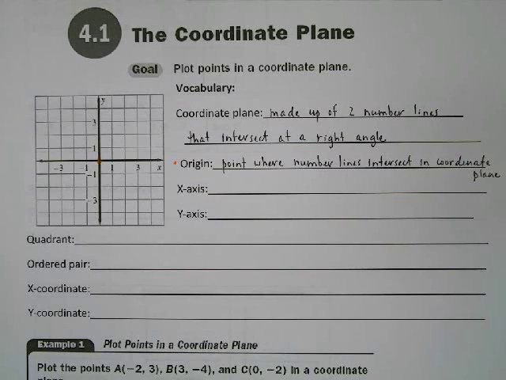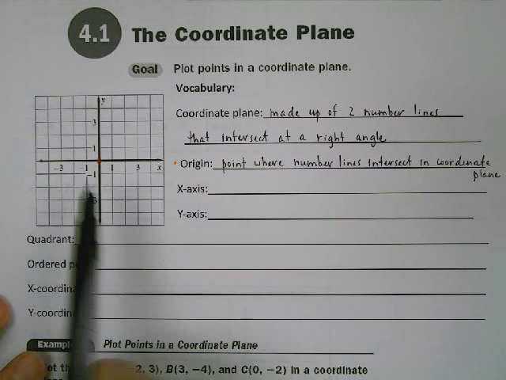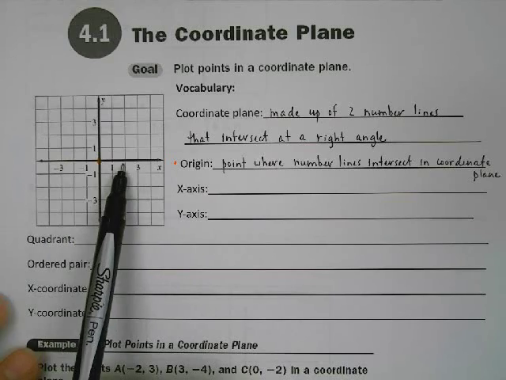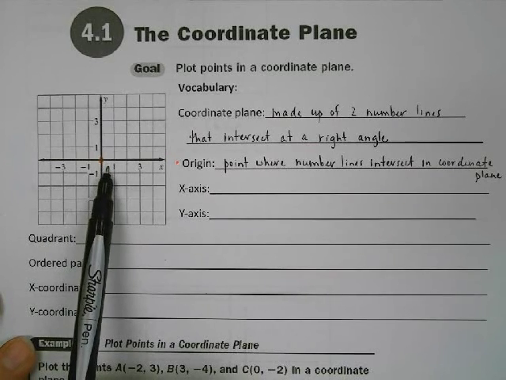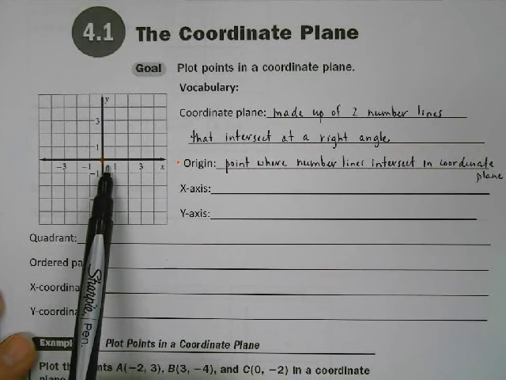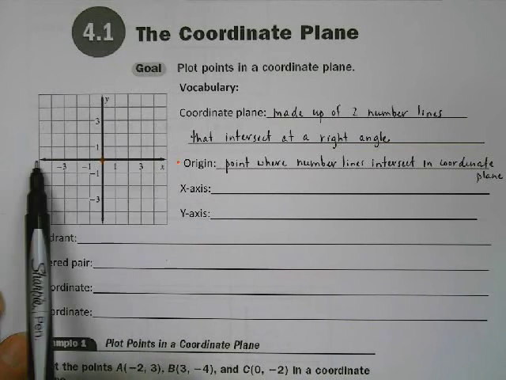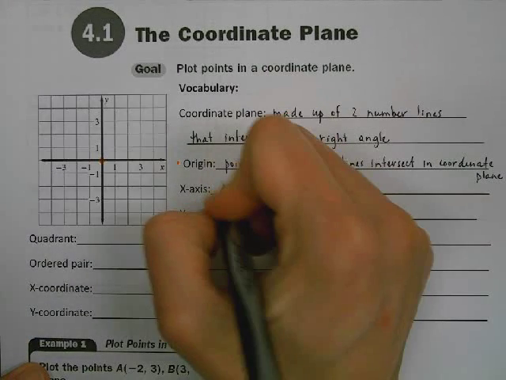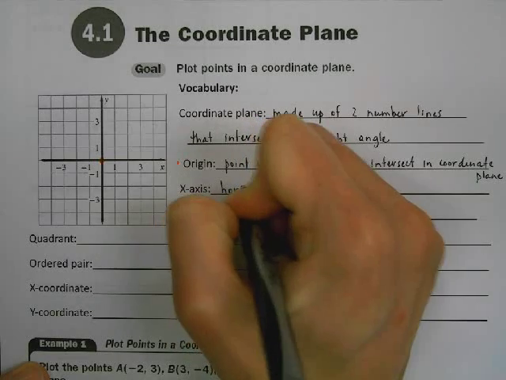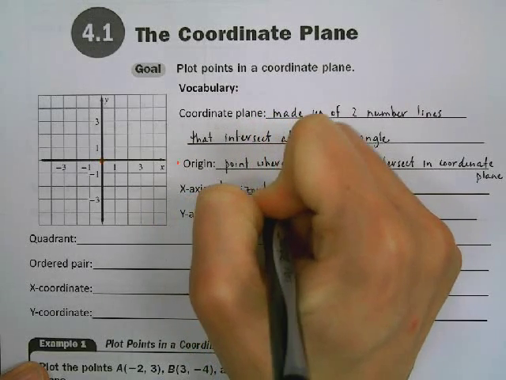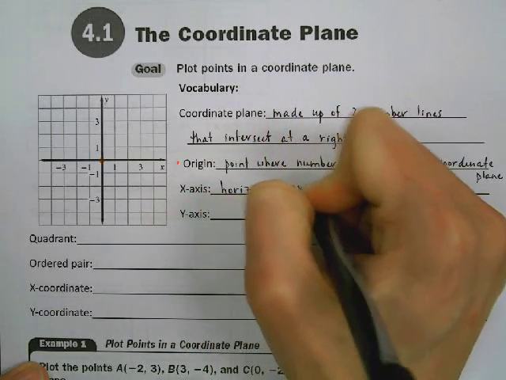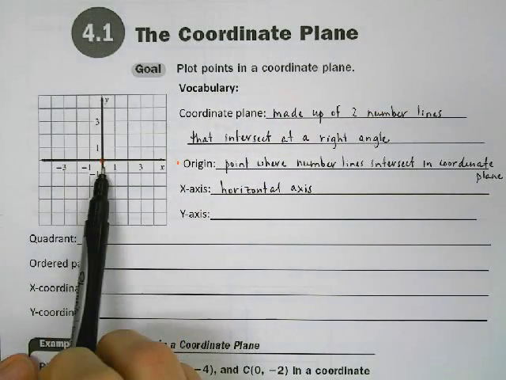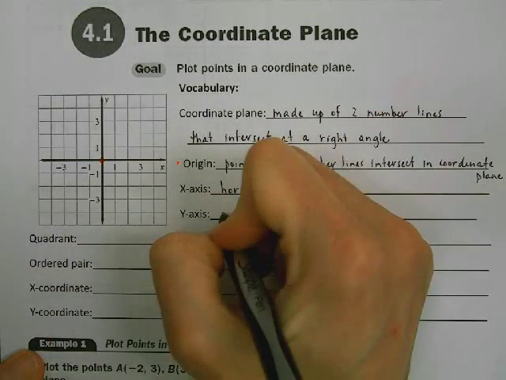Now, when we start talking about the coordinate plane in graphing, even though we initially defined this as two number lines, we don't really call them number lines anymore. We're going to refer to them as the axes. So we have the x-axis, so that's going to be our horizontal axis. And then our y-axis here is our vertical axis.